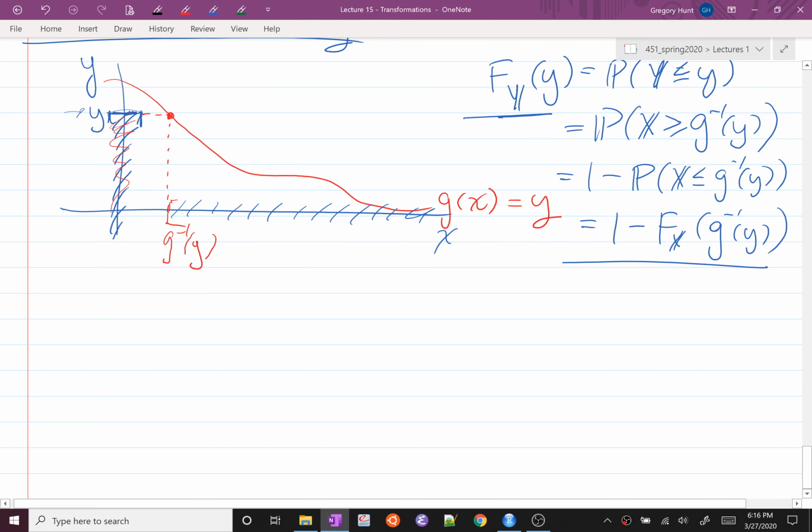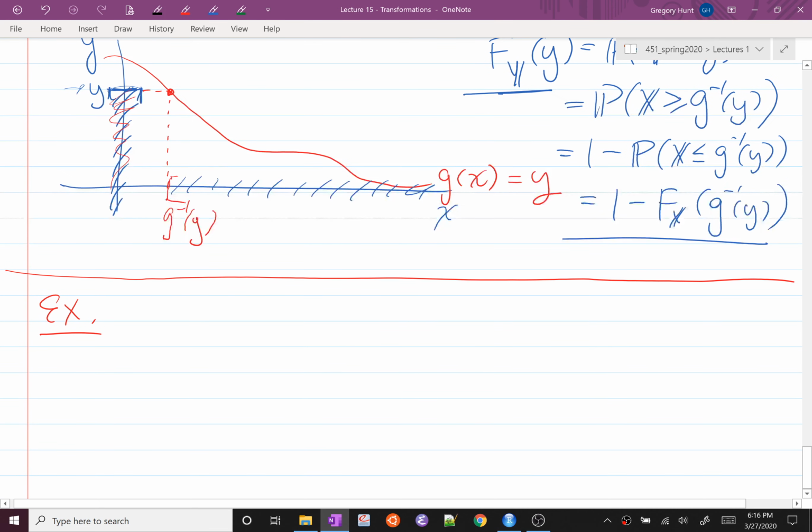Let's look at a fun example. I'm going to say X is distributed continuously and uniformly from 0 to 1.